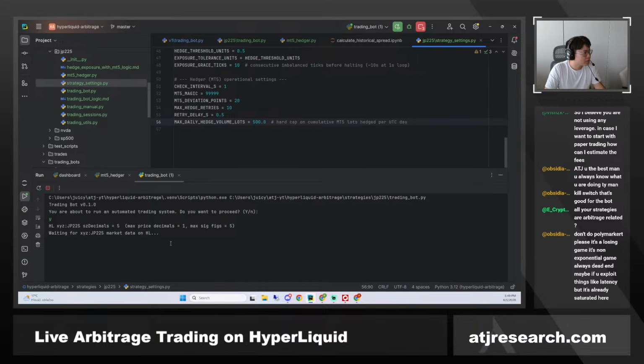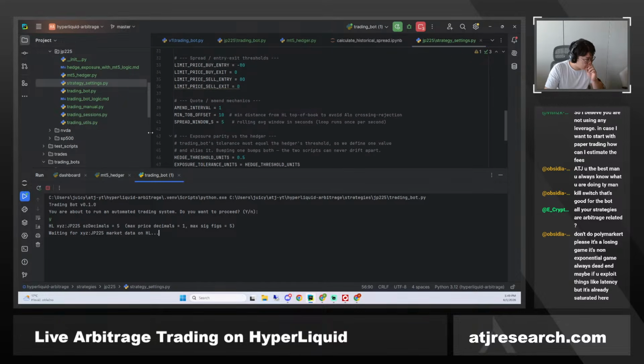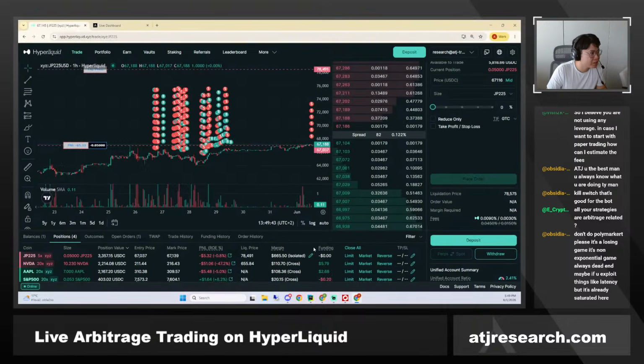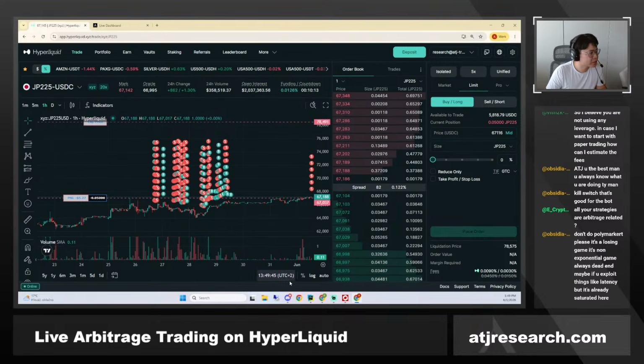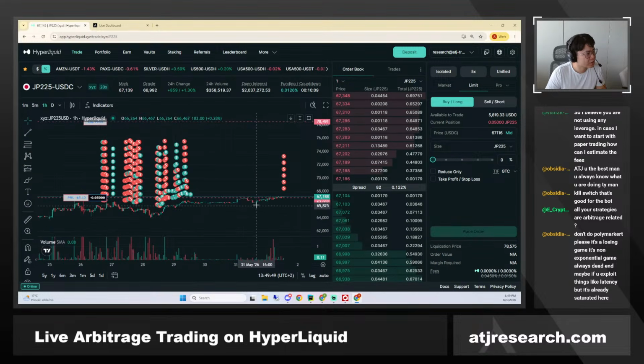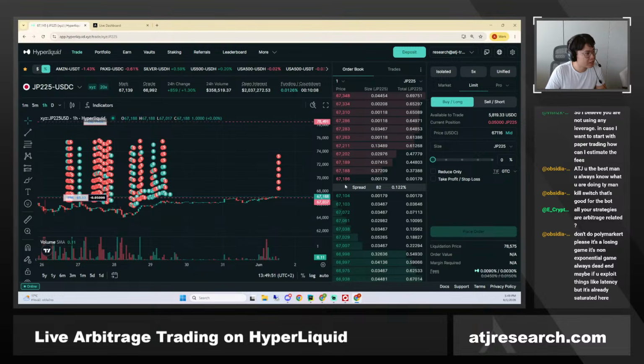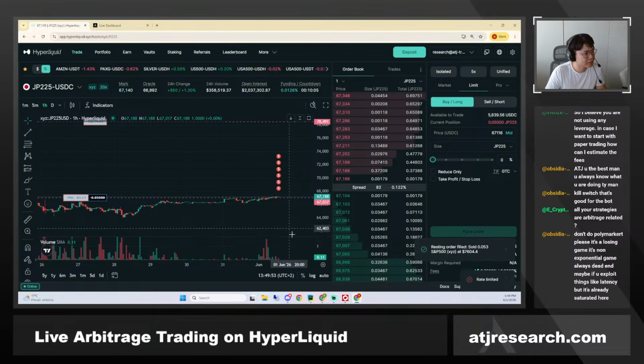Okay. So right now, again, as you can see, maybe I should review the script on JP225. So we're still waiting for a tick, right, to start the trading bot. It's like a confirmation that the bot is connected, right? We wait for some price event, and so sadly nothing's happening.